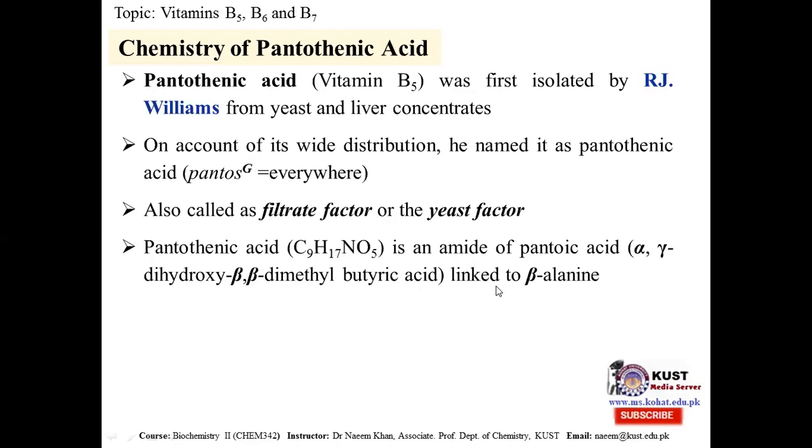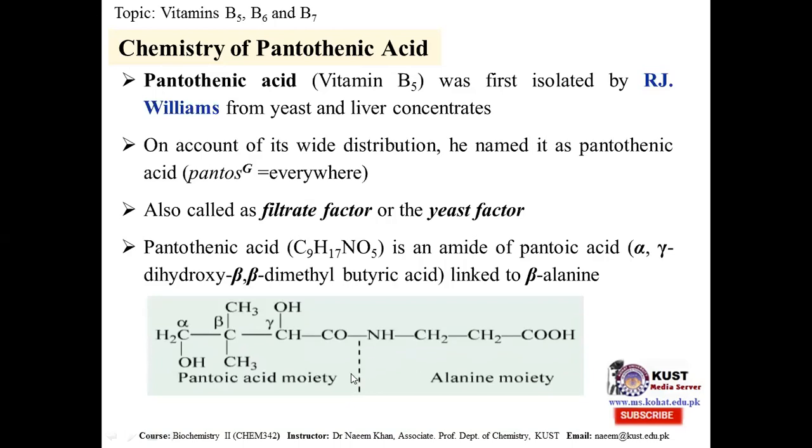Its structure has two hydroxy groups attached at the alpha and gamma positions, and two methyl groups attached at the beta position, and the basic structure is butyric acid, which is linked to beta alanine. You can see the structure here.